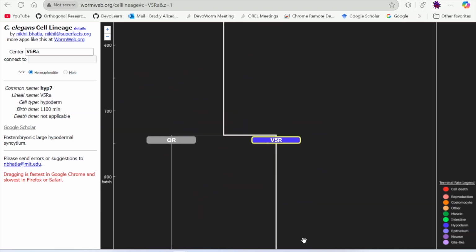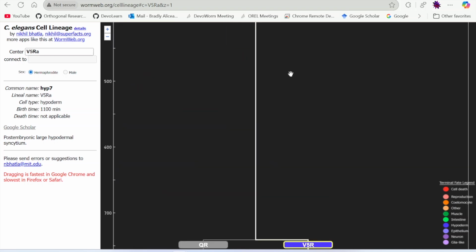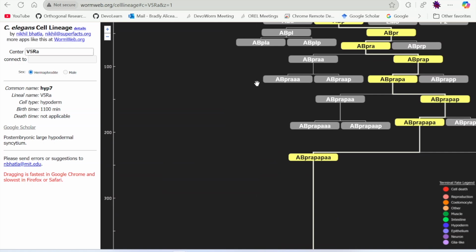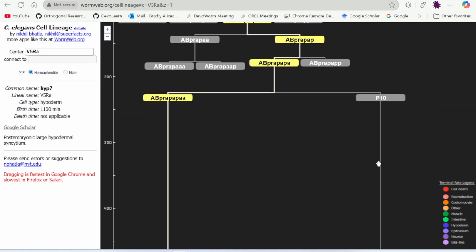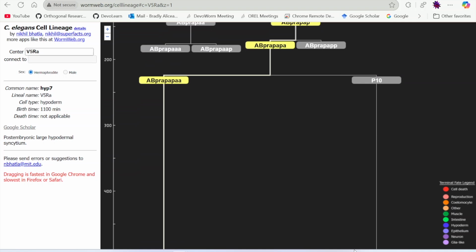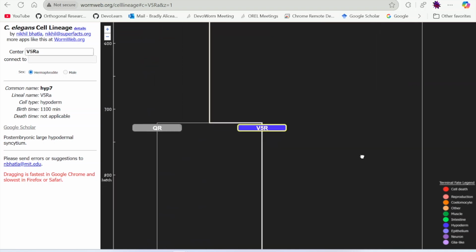So this is how you go from the developmental lineage tree, which is defined by these letters A, B, P1, that whole nomenclature. Then at some point it switches over to these post-embryonic cells, which have a different nomenclature.